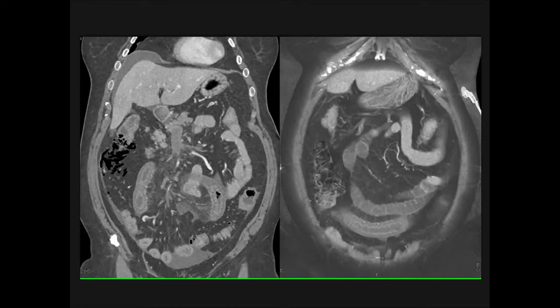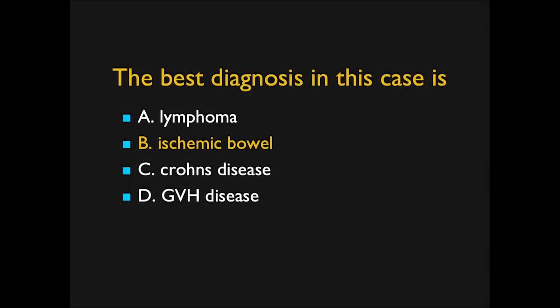This is not the appearance of Crohn's or GVH, or lymphoma. You can see parts of it in Crohn's and GVH, but the classic thing here is ischemic bowel. You've occluded the portal vein and SMV. You have thickening with a halo effect and this little ribboning on the right in the patient's bowel. Very nice example of small bowel ischemia.